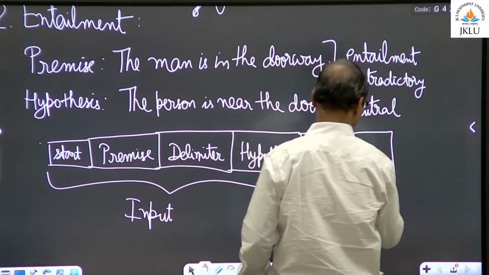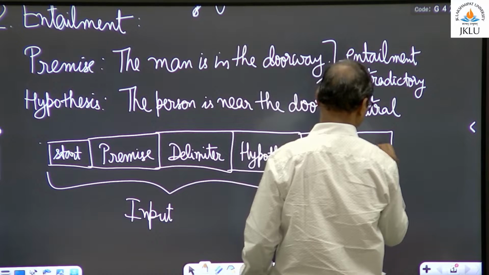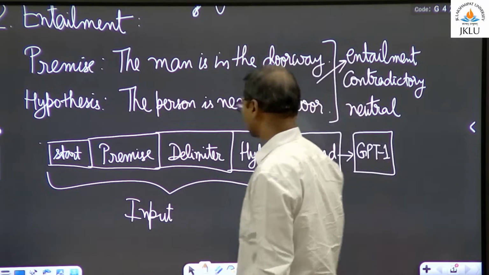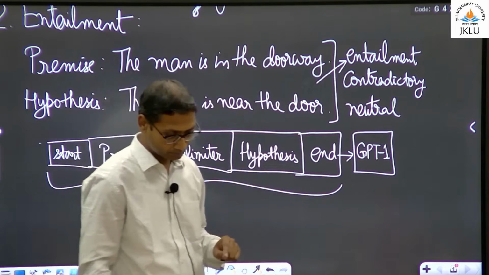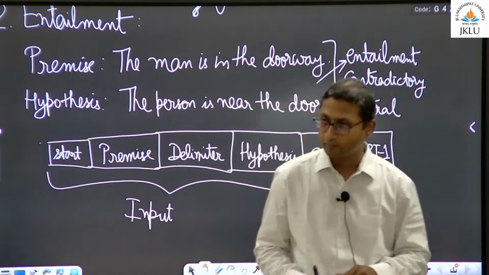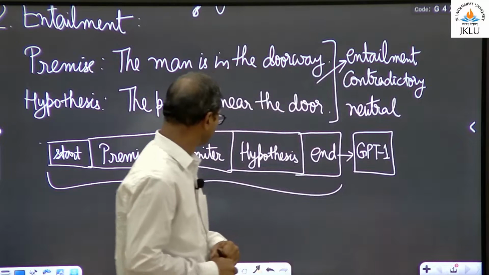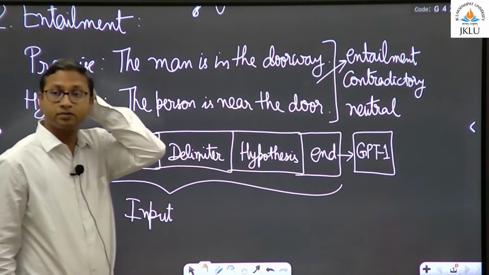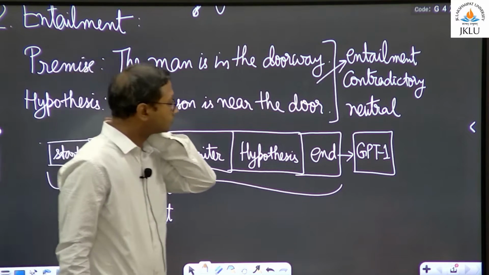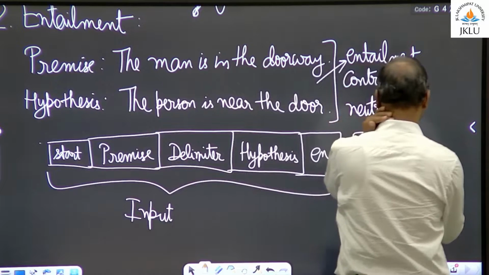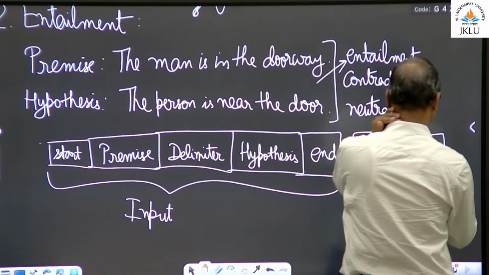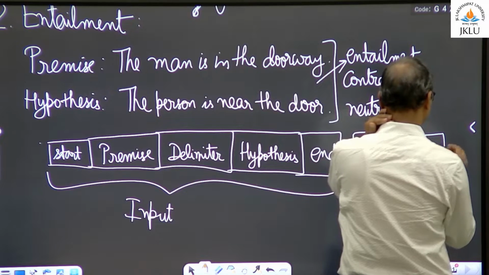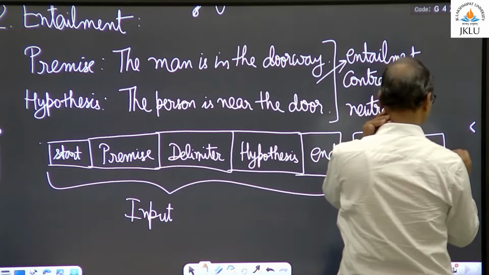So, let us say GPT-1. And what do I do next? What should come here? A linear layer, and then of course you will take a softmax on that.